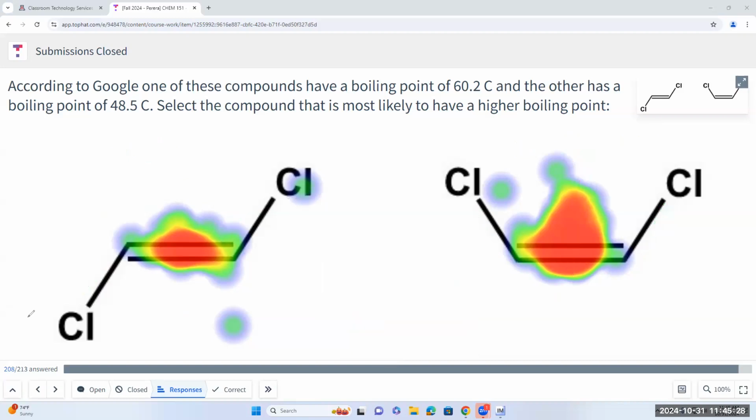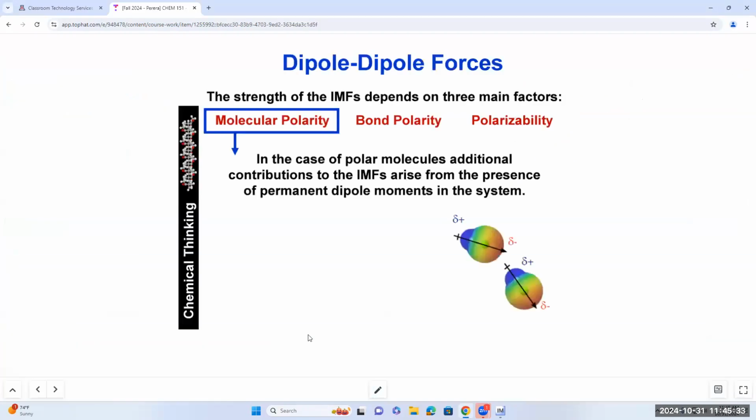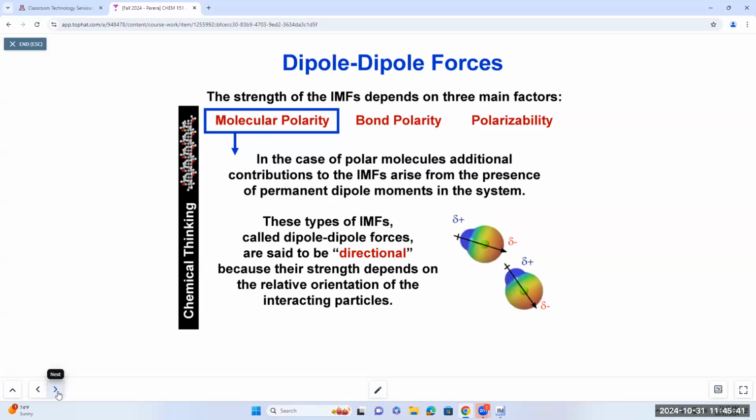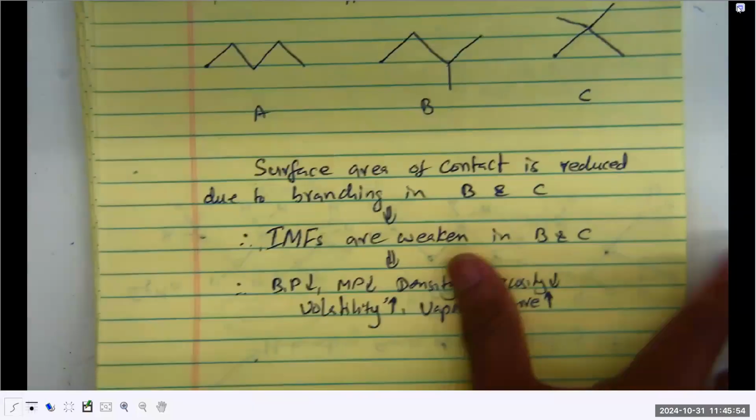With that, let's talk about dipole-dipole forces one more time. Dipole-dipole forces always interact from head to tail. That's why they are called highly directional. And for you to have dipole-dipole forces, you need to have a polar molecule. Also remember what we did towards the end of the class on Tuesday.